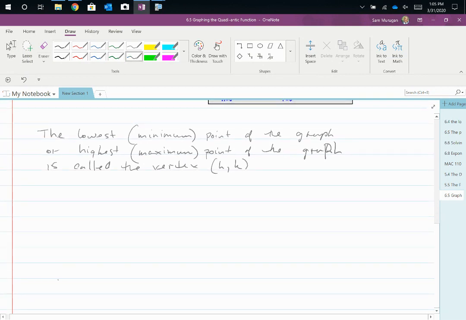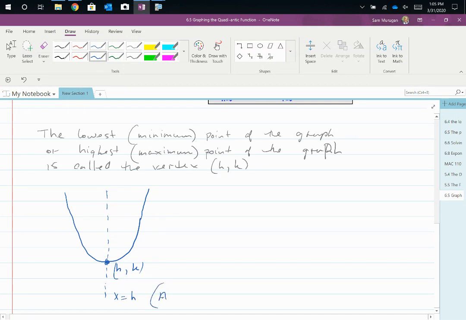Now, to see this, if I were to sketch a couple of graphs, one turned upwards, that lowest point on the graph, that bottom point, would be the vertex. And if I were to draw in a vertical line, remember the equation of a vertical line, x is equal to the h value.